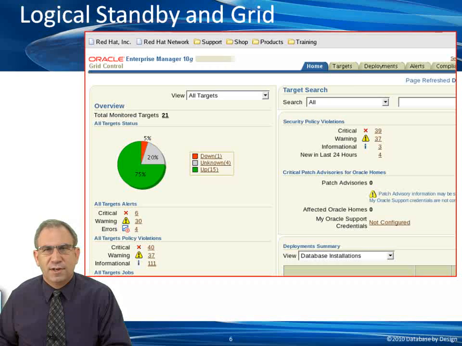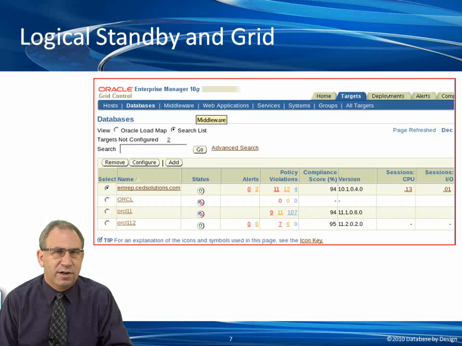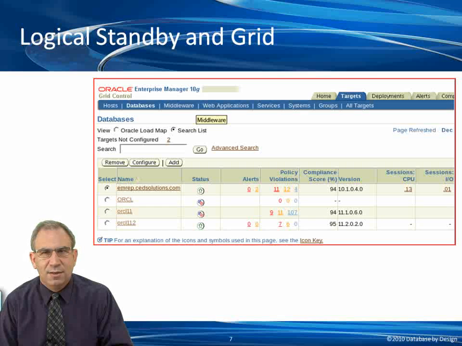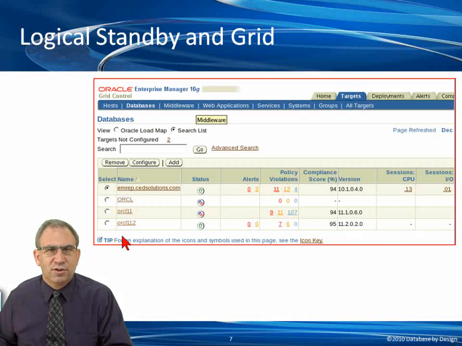The next thing I'm concerned about is navigating to the targets page. When I navigate to the targets page, I can see that I have a database out there. That database is ORCL 11.2. Basically, this is an Oracle 11.2.2 database. It is currently up and running. In my Grid environment, I can see that I have 2 other databases out here, ORCL and ORCL1, that are currently not configured.